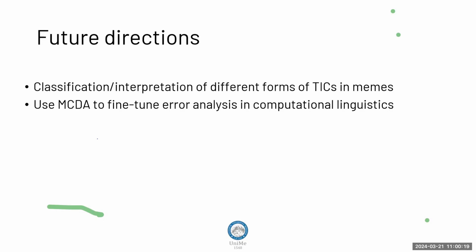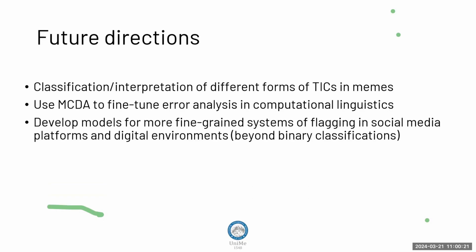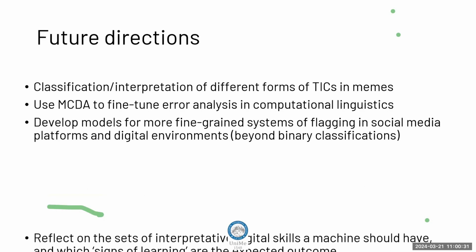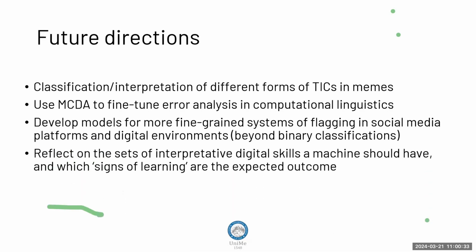We are working to change this state of affairs and develop models for more fine-grained systems of learning in social media platforms and digital environments beyond the binary classification. We also think that it's important to reflect on the sets of interpretative digital skills a machine should have and which signs of learning are the expected outcome for machines, not just for people.